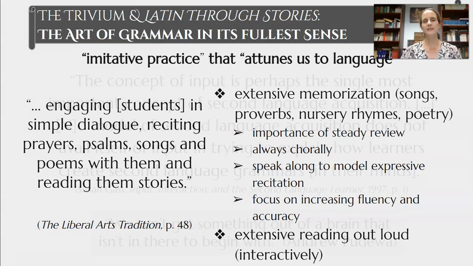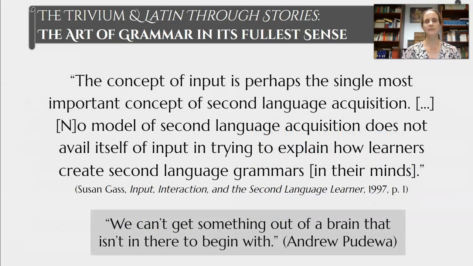So all of these elements provide rich linguistic input, and input is widely recognized among second language acquisition researchers as the sine qua non of language acquisition. According to the research, acquisition happens when students receive extensive exposure to meaningful and comprehensible language in complete sentences.